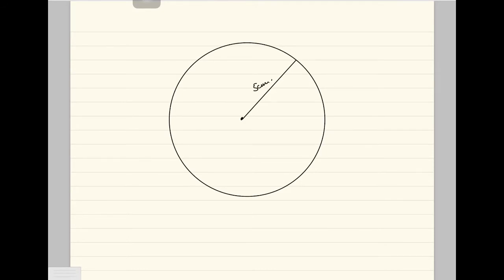If this is 5 centimeter, and this is A, if I measure from A the arc length, and I reach another point B where AB is 5 centimeter, then this angle that is formed is called 1 radian.